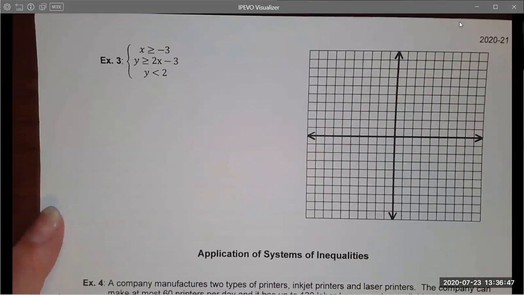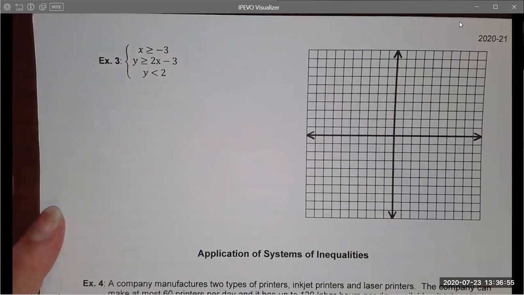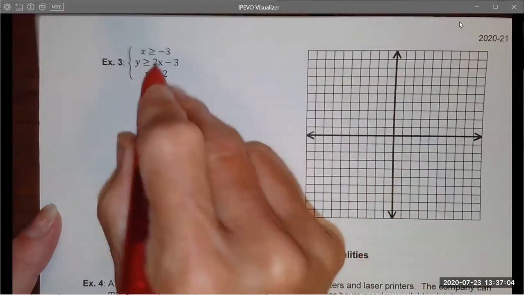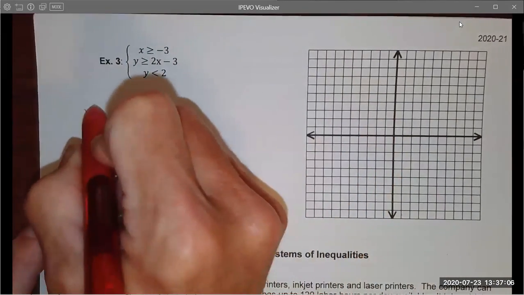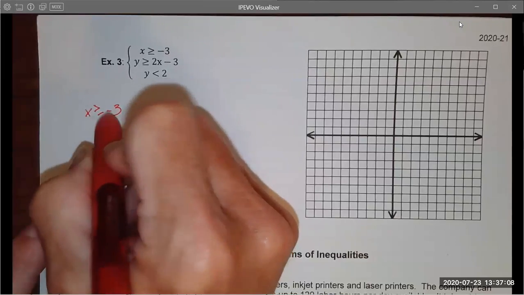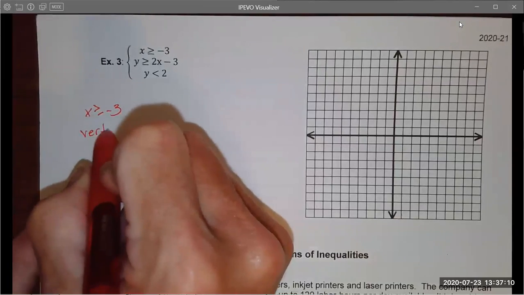What I notice about example 3 is that there are 3 equations here. I will need to graph all 3 and find an area, if one exists, that is covered with all 3 different kinds of shading. The first thing I notice in this problem is that there is no y value, and so this is a vertical line.